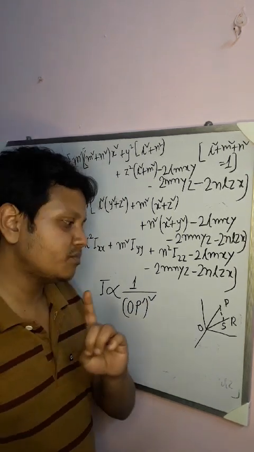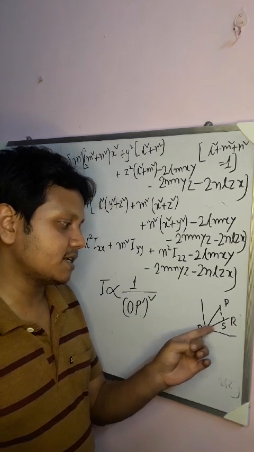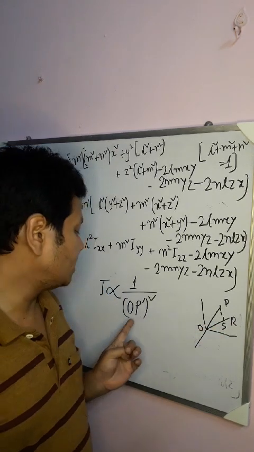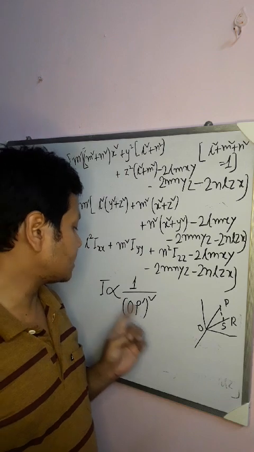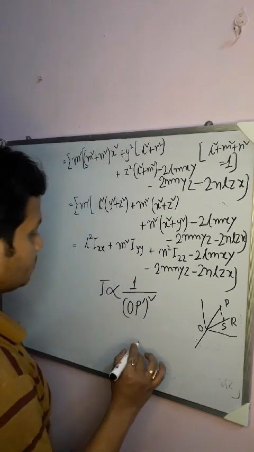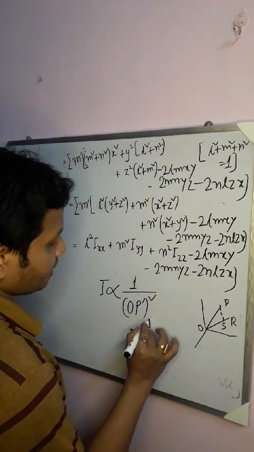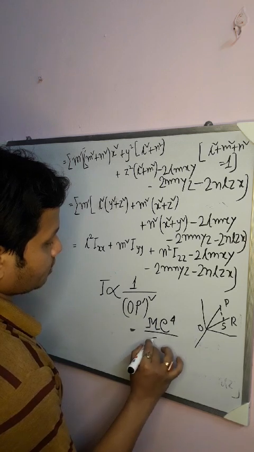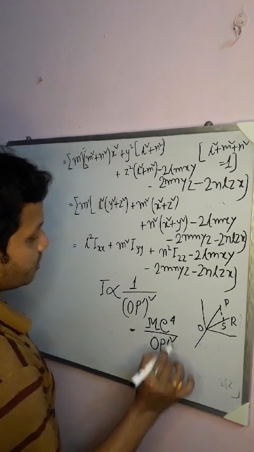Remember this thing: along this axis OR, along which the moment of inertia is to be determined, we take a point P dash such that I is proportional to 1 by OP dash square. So this is, say, M c to the power 4 by OP dash square.